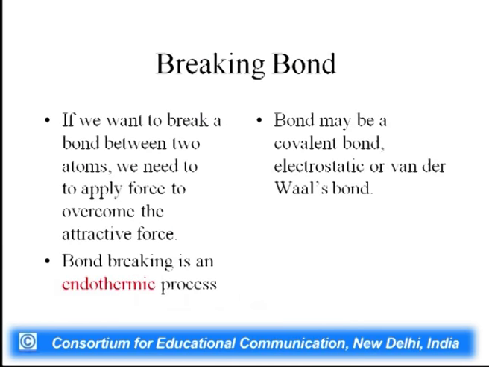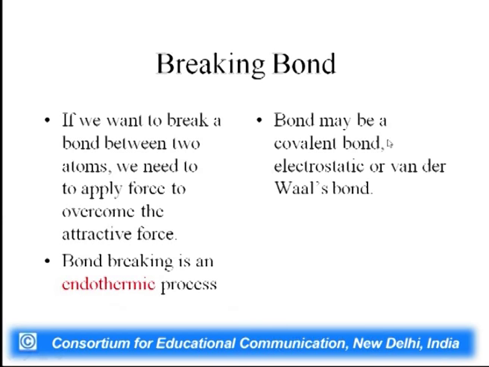Now, what happens when a reaction is taking place? Some bonds are broken and some bonds are formed. If you want to break a bond, you need to supply energy, which is used to overcome the attractive force. So, bond breaking is always an endothermic process.